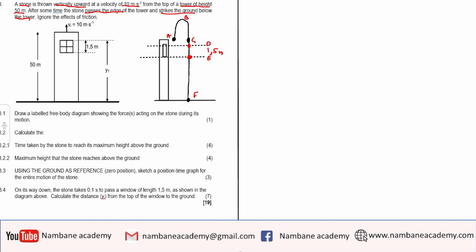Ladies and gentlemen, I can now write all the information that is given to me. First information: a stone is thrown vertically upward at 10 meters per second. So from A, Vi is equal to 10. At B, what do we know? V is equal to 0 meters per second.